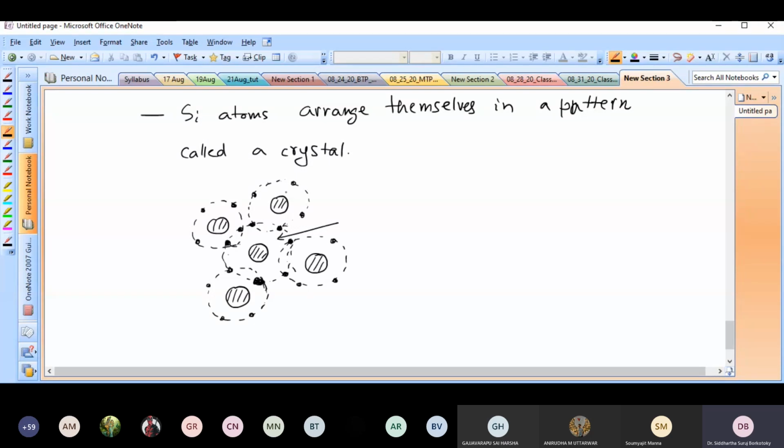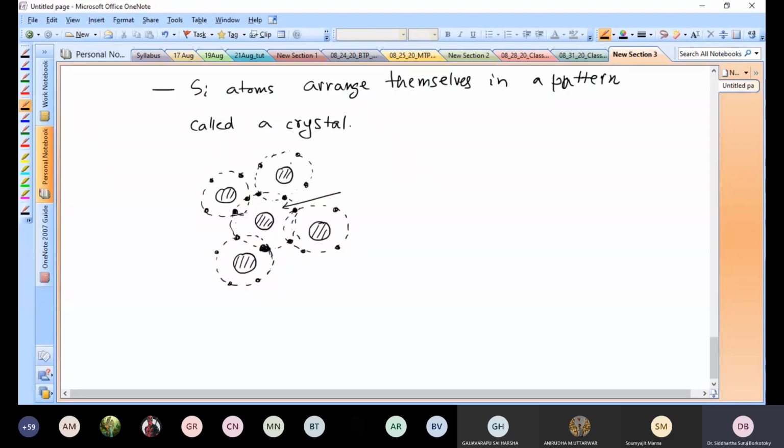So it feels a pull in both directions, equal and opposite pull. So that's how it stays in its orbit. So basically, what happens in the crystal is every atom is surrounded by 4 other atoms, and all those 4 atoms lend 1 electron each. So basically they share 1 electron each with this central atom, which means you have 8 electrons in the valence bond.